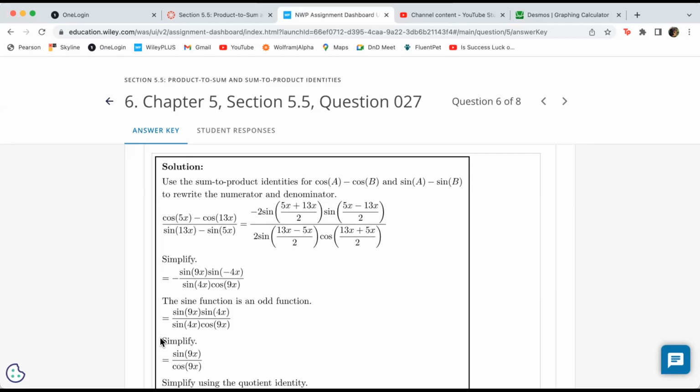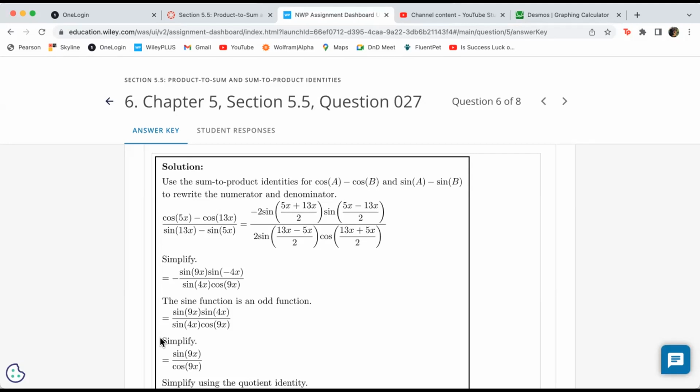And so that makes us think of sum to product and product to sum identities. You can see this makes the previous question make a little bit more sense when we're trying to find the average of the frequency, because that's one of the things going on here. We're finding the average: the cosine of 5x minus cosine of 13x gets simplified with a -2 sine of the average of the 5x and the 13x.